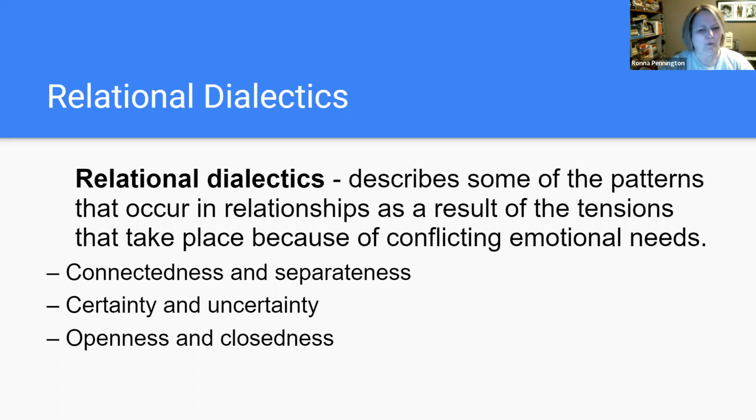So this is when we have conflicting emotional needs in conversation. Also, you may hear people say that they're an open book, and then somebody else is very much not an open book. So very different in terms of emotional needs through communication.